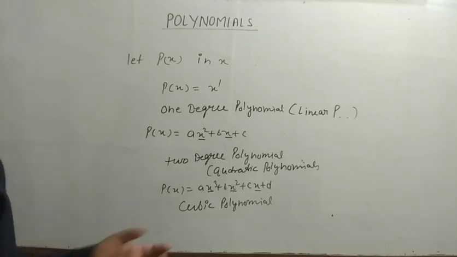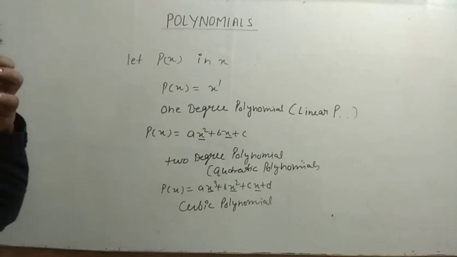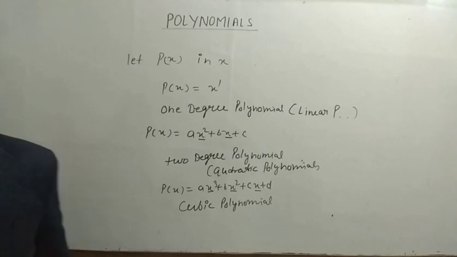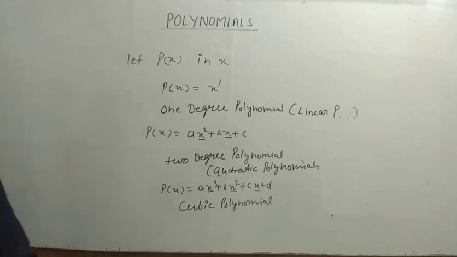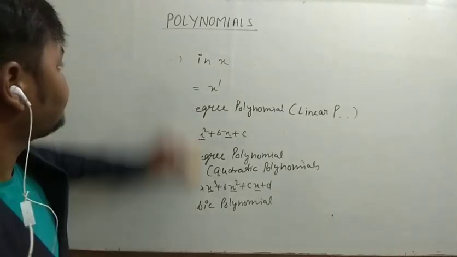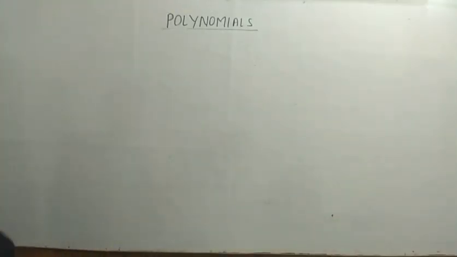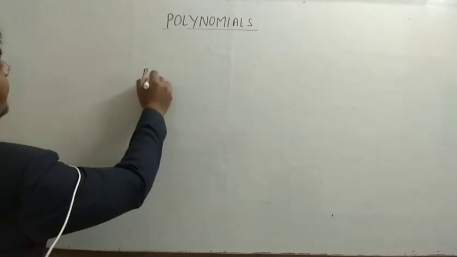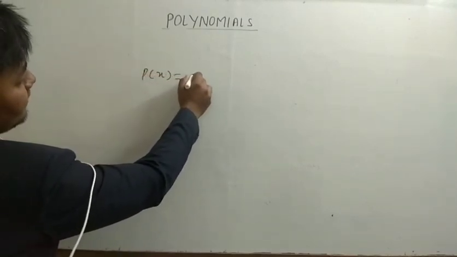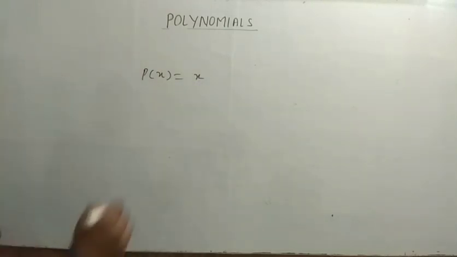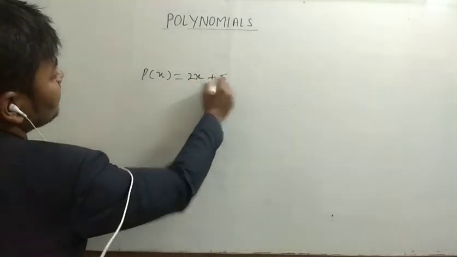We will check the geometrical meaning of the zeros of a polynomial. But before going into the geometrical meaning, we will check the zeros of a polynomial. Let's see here, I'm taking an example p(x) is equal to 2x plus 5.